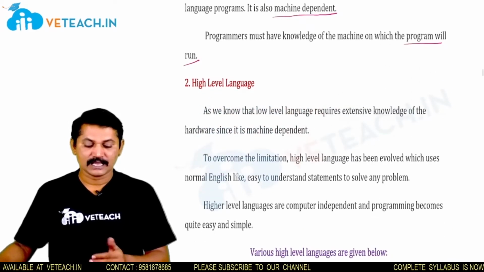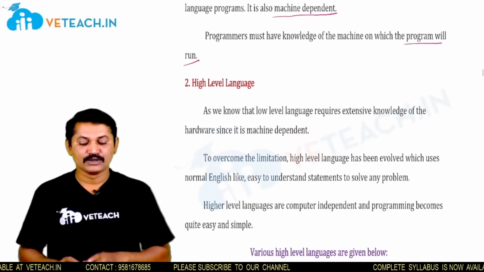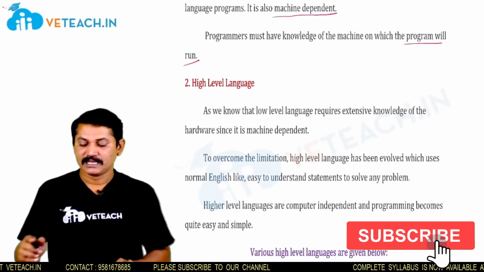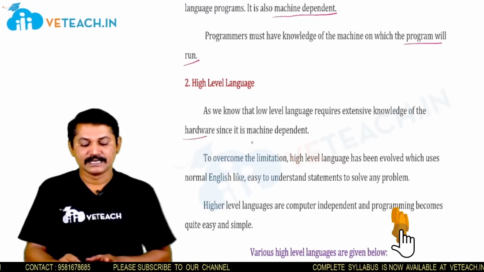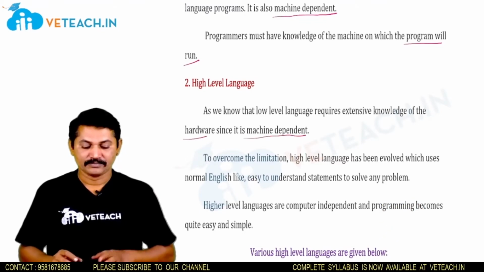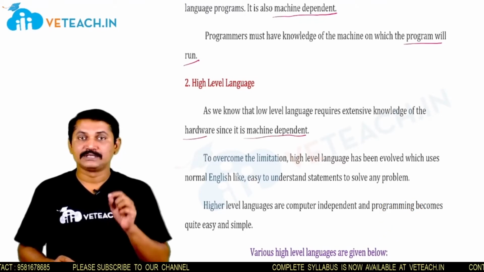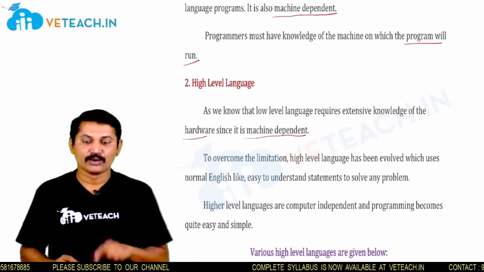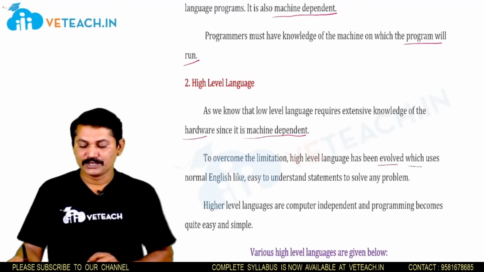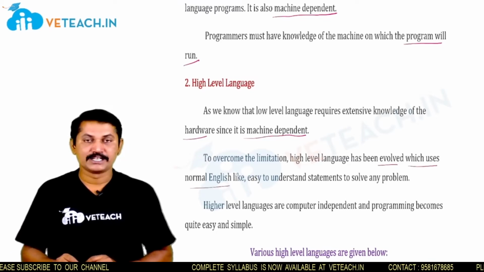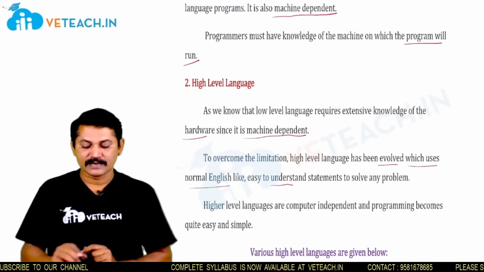Now it is high level language. As we know, low level languages require extensive knowledge of hardware since they are machine dependent. To overcome that limitation of low level language, high level language has been introduced, which uses normal English that is easy to understand.